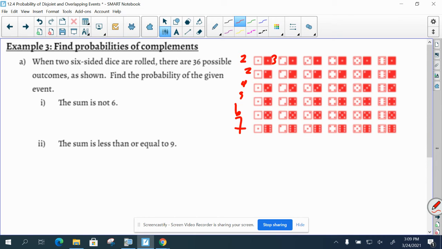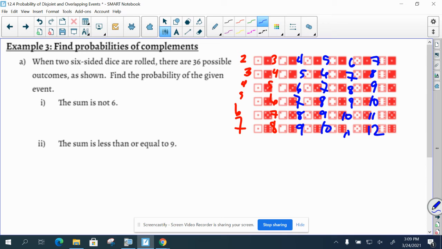And then this would be 3: 3, 4, 5, 6, 7, 8. I'll choose a different color. This would be 4. 3 plus 1 is 4: 5, 6, 7, 8, 9. 4 plus 1 is 5: 6, 7, 8, 9, 10. You see the pattern that this is making. And then 7, 8, 9, 10, 11, 12.